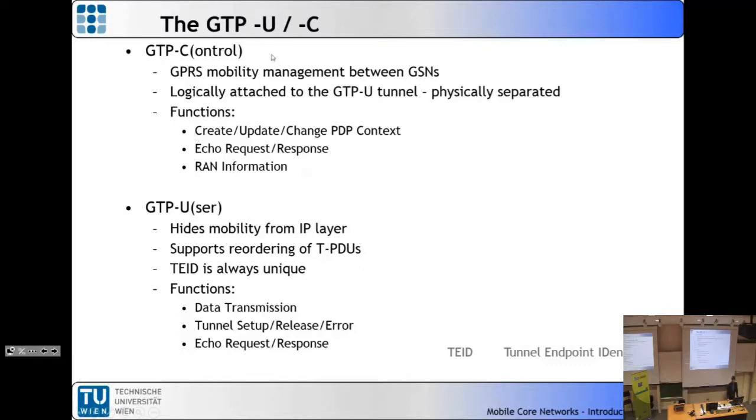So this is the part that takes care of the controlling environment, while this is a part that takes care about the user plane itself. So that hides all the mobility on the IP layer and supports the reordering of any kind of packet data units. So we have these data transmission, setup, release, error, or the echo of these elements.